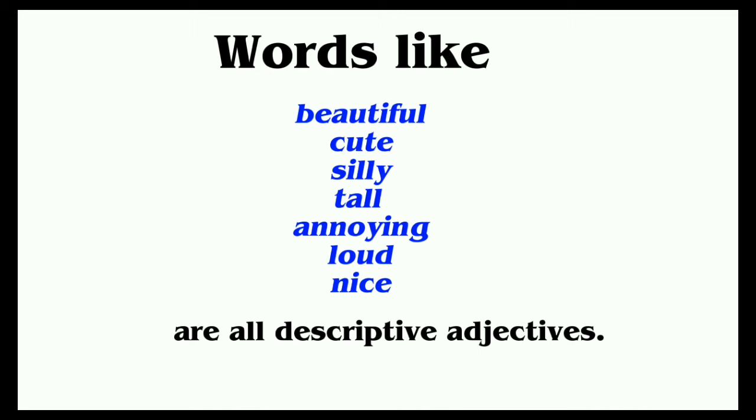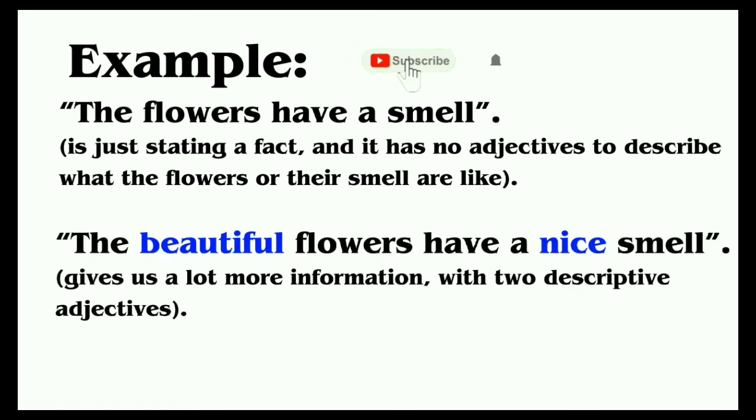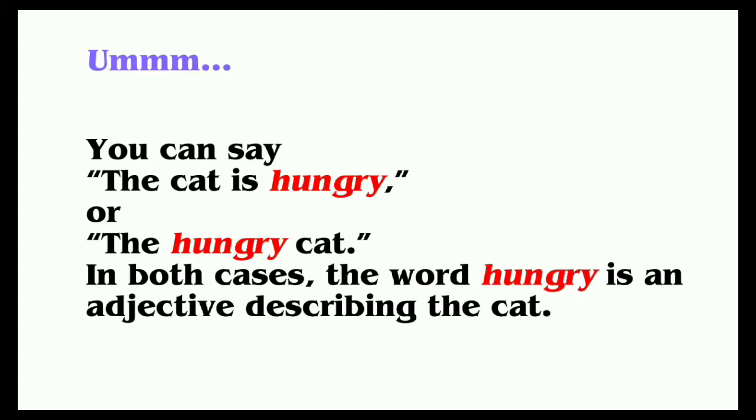Example: "The flowers have a smell" is just stating a fact, and it has no adjectives to describe what the flowers or their smell are like. "The beautiful flowers have a nice smell" gives us a lot more information with two descriptive adjectives. You can say "the cat is hungry" or "the hungry cat." In both cases, the word hungry is an adjective describing the cat.